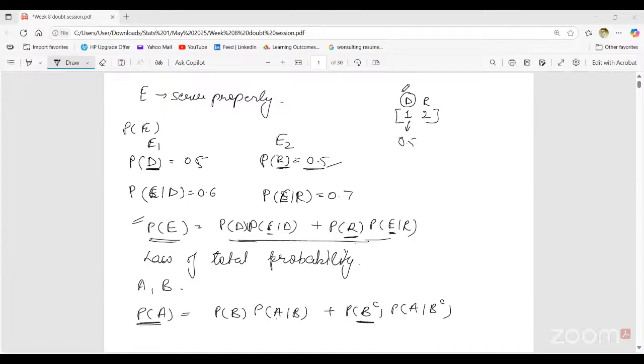Why have they just multiplied the complements?